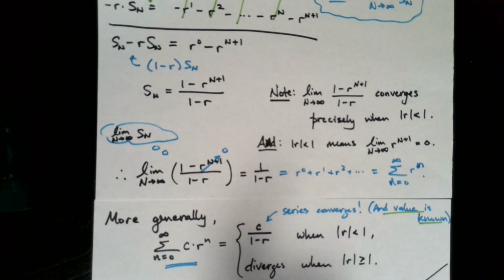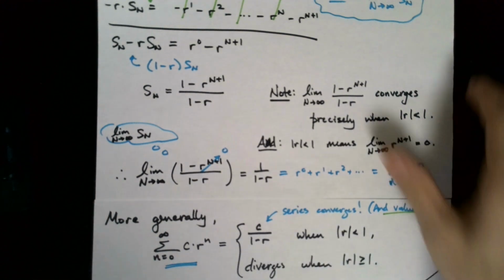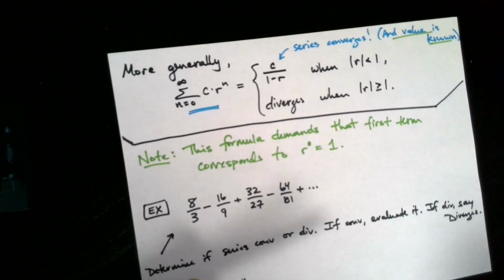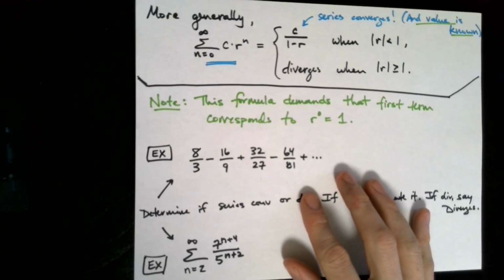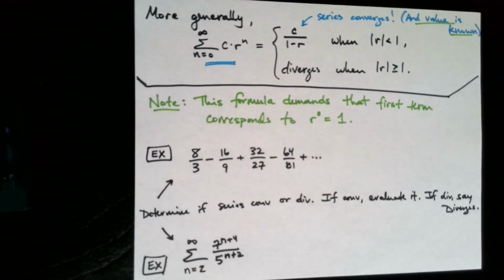So not only do we know that the series converges, note we have the actual value that this series converges to. It doesn't just converge to some number on the number line. The value it converges to is c over 1 minus r. And this can be, no pun intended, fairly valuable to us in the sense that it allows us to determine what the value of a sum of this form is equal to.